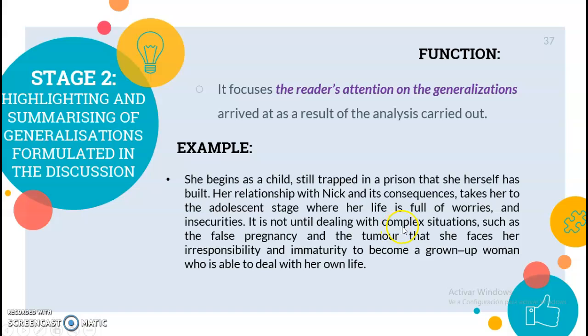It is not until dealing with complex situations, such as the forced pregnancy and the tumor, that she faces her irresponsibility and immaturity to become a grown-up woman who's able to deal with her own life. So what we are doing here is to summarize absolutely everything that has been said along the paper, and we are providing some specific conclusions.